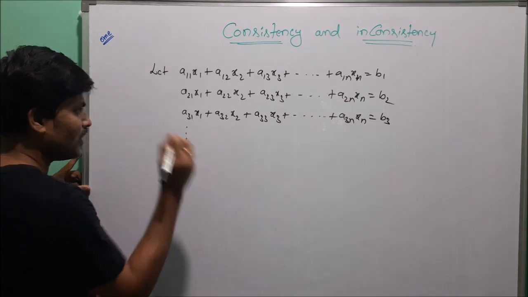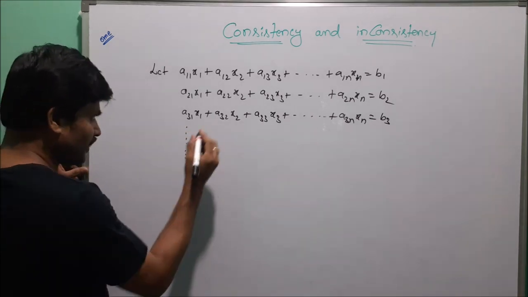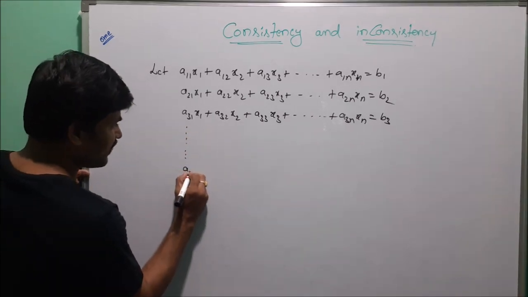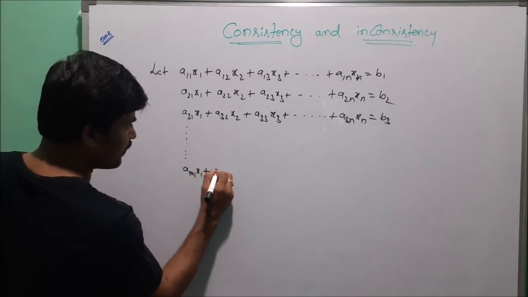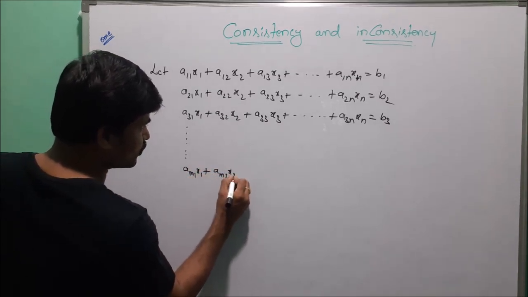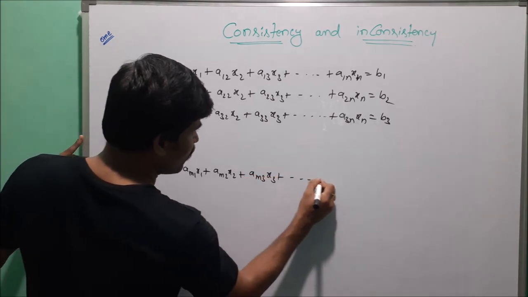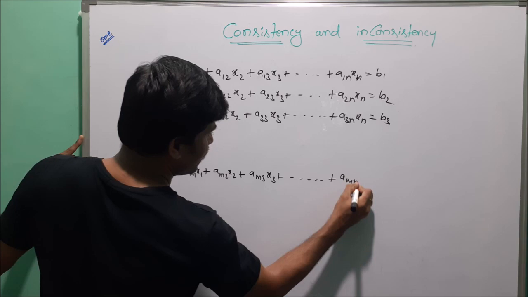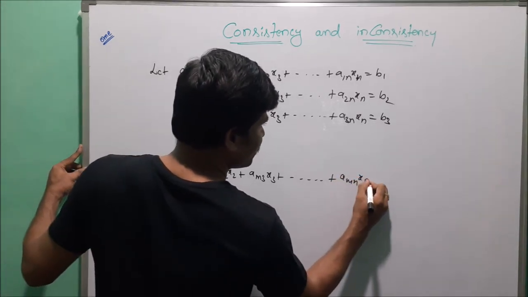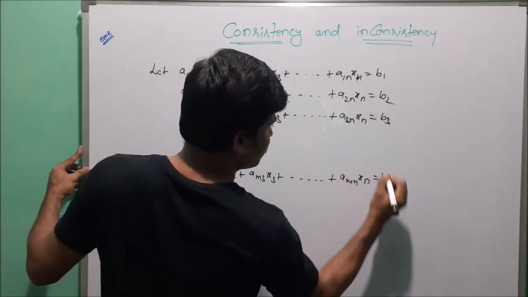Similarly and so on. Here we take m equations, that is am1 x1 plus am2 x2 plus am3 x3 plus and so on plus amn xn equals some bm.